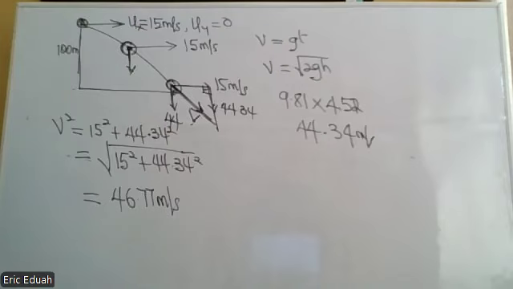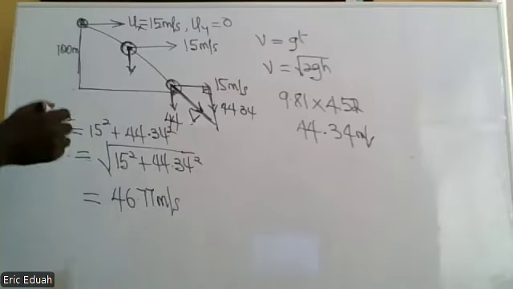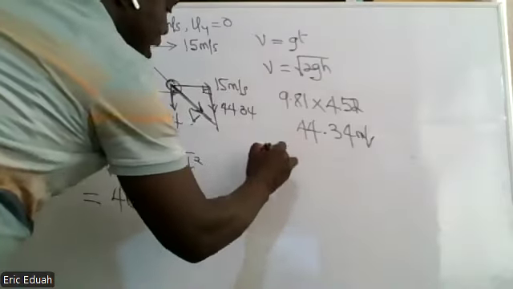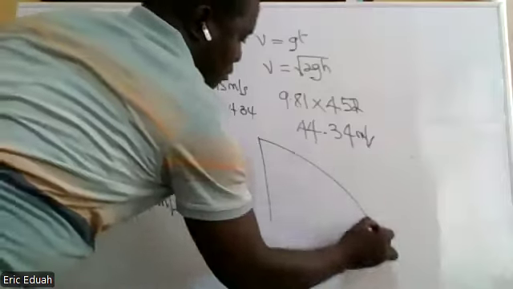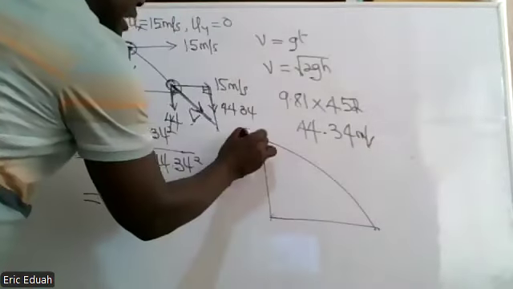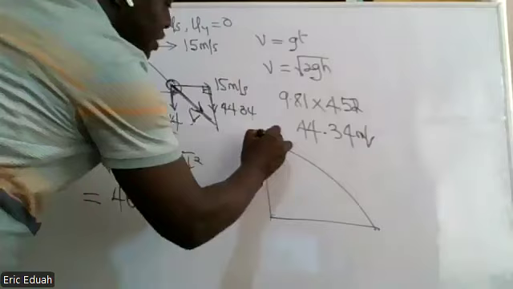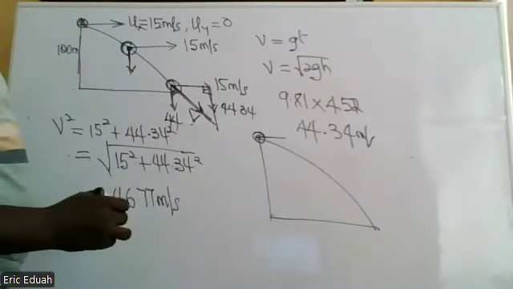Sometimes other questions would ask... Sir, please, I don't really understand what you just said. See, what I'm saying is that at every point there are two velocities. Look at the path. When it is here, we only have the horizontal velocity, vertical is 0.